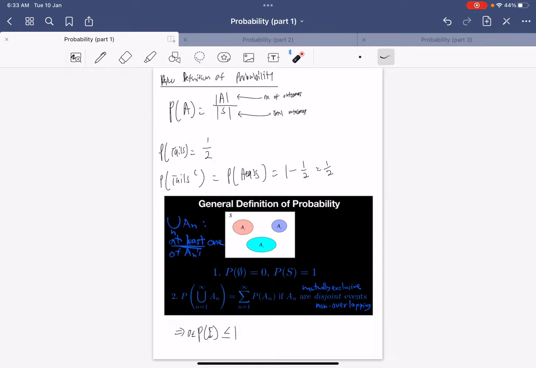And really, this captures our idea, because your chance of occurring can only be 1 if you have all the outcomes. If you have no outcomes, then it has to be 0. And if you are disjoint, then you can just add the probabilities up, because that's how likely it will be to occur.